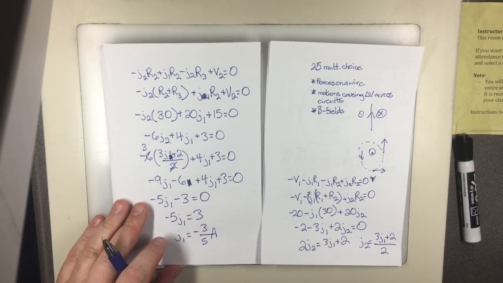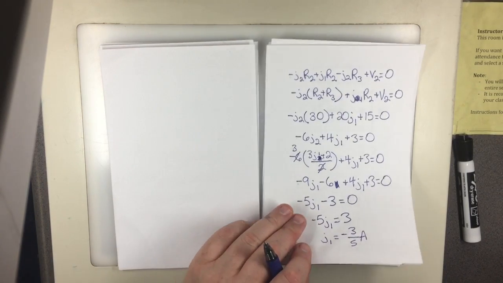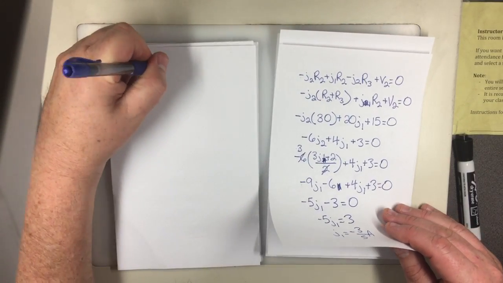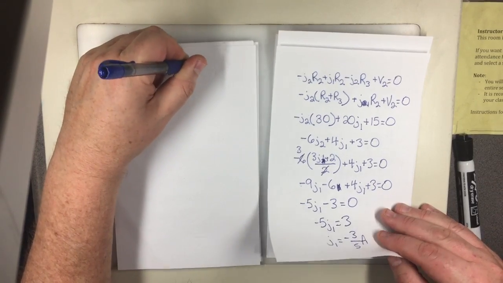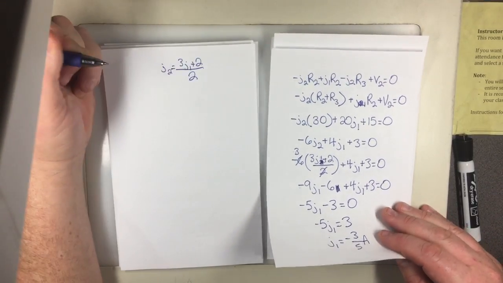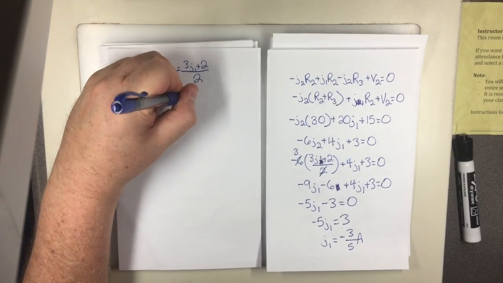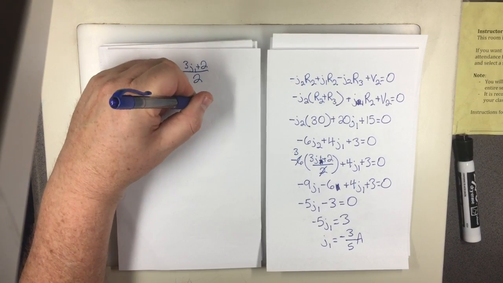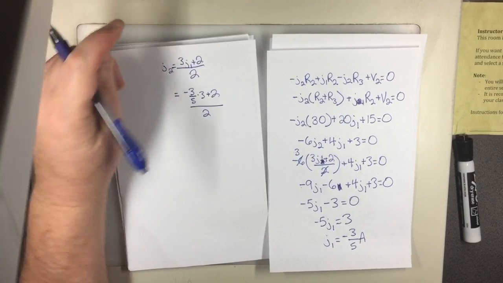So J1 is negative, which we pretty much knew from the beginning, but sometimes it gets weird. J2 is equal to 3J1 plus 2, over 2. This becomes minus 3/5 times 3 plus 2 divided by 2.